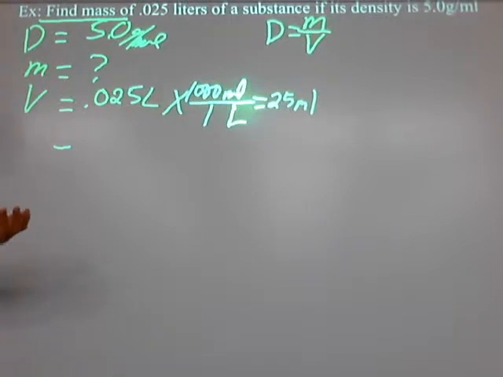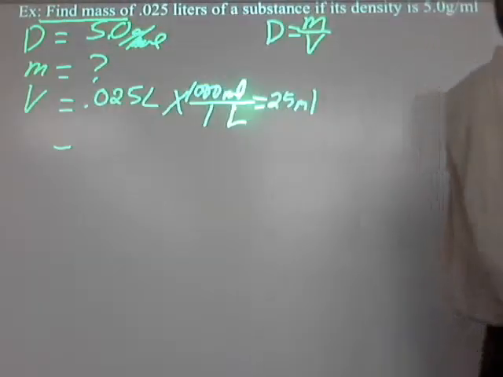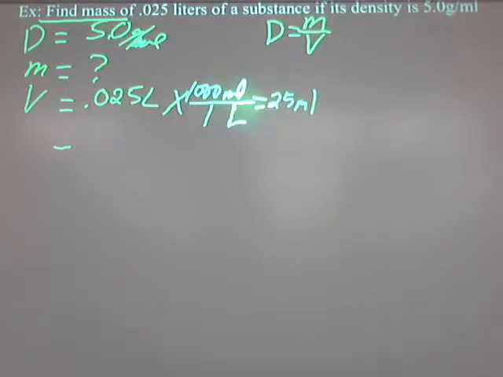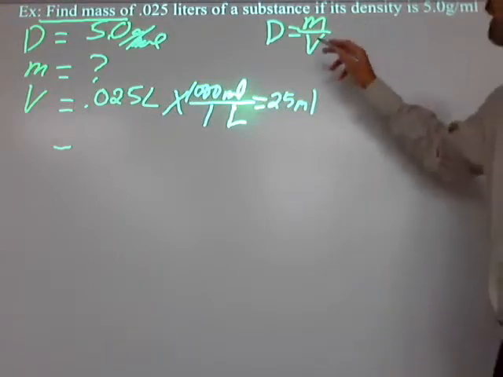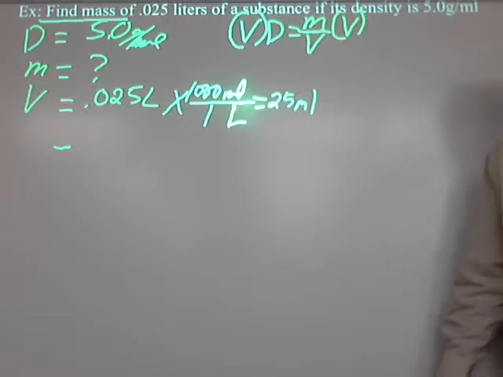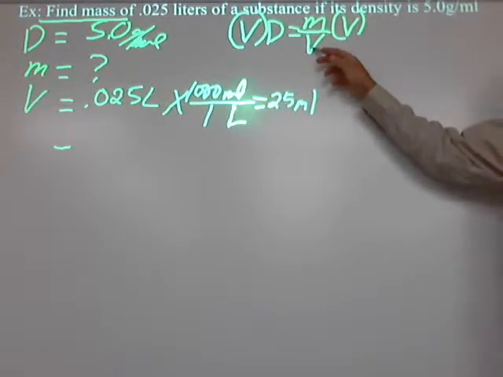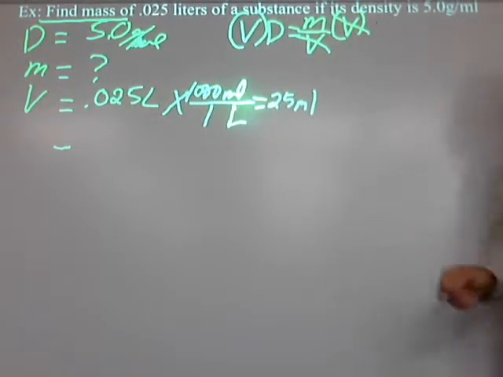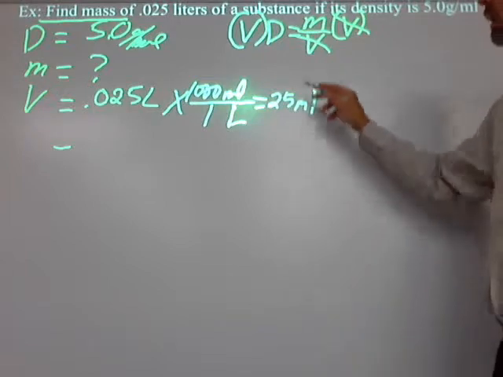Let's use some algebra here. Very simple algebra. D equals M over V. I want to solve for M. What am I going to do to both sides to get M by himself, what do you think, Eric? Multiply by V. Multiply both sides by V. Does everybody see why? I got to get rid of the V. He's down here, right? Multiply both sides by V. What do I get?